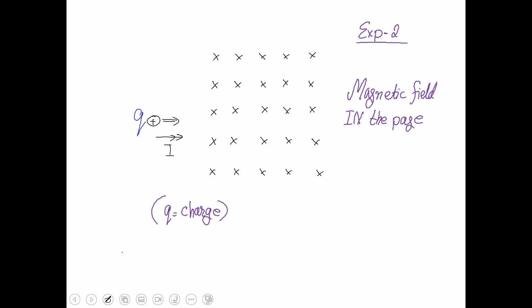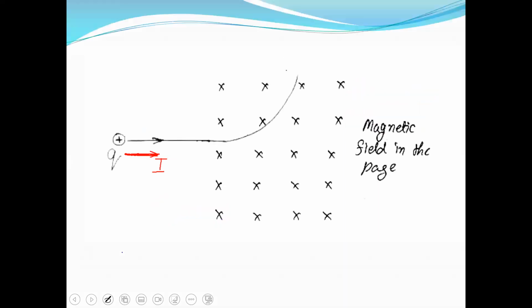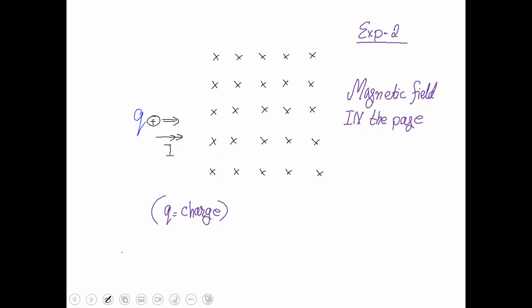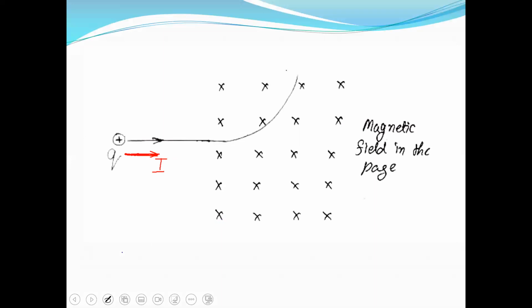Done. Look at the deflection. The deflection is in the upward direction. This is according to Fleming's left-hand rule.